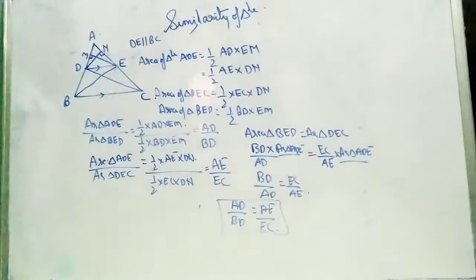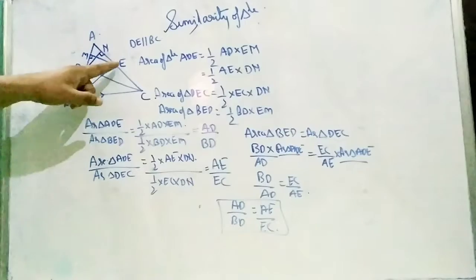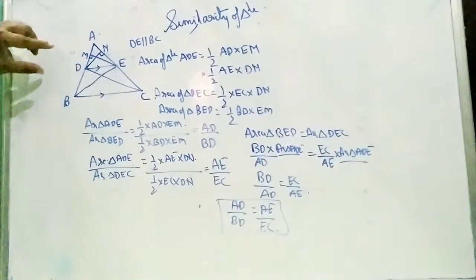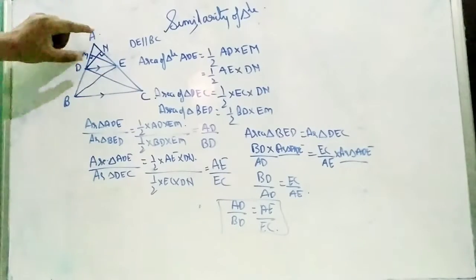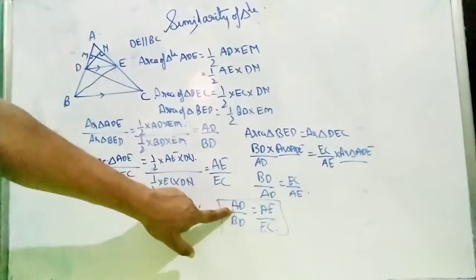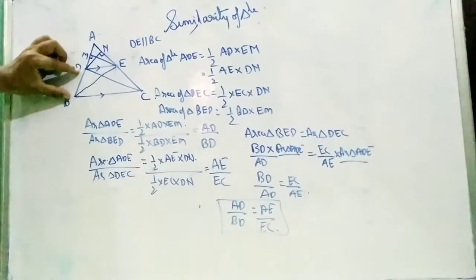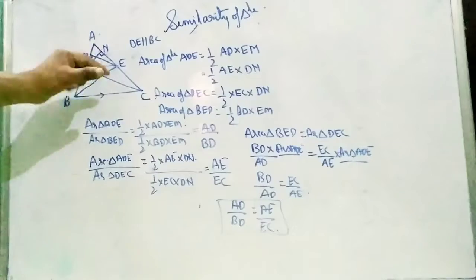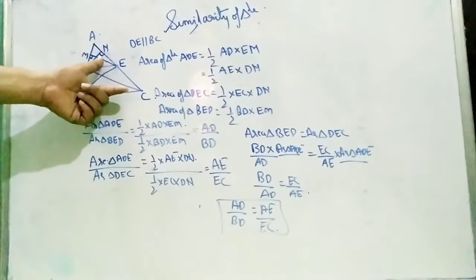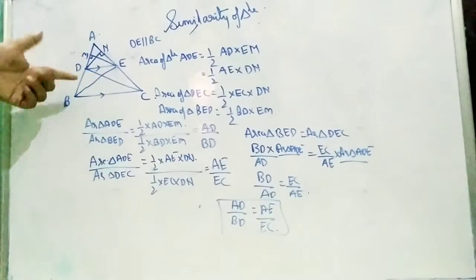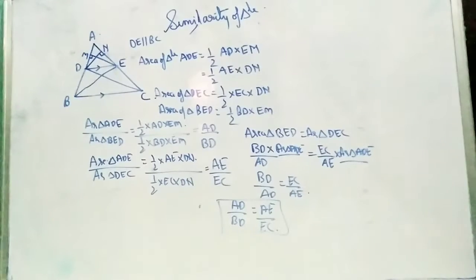So we have proved that if in a triangle one line is parallel to the base, then the sides are in the same proportion. AD upon BD is equal to AE upon EC. Got it or not?